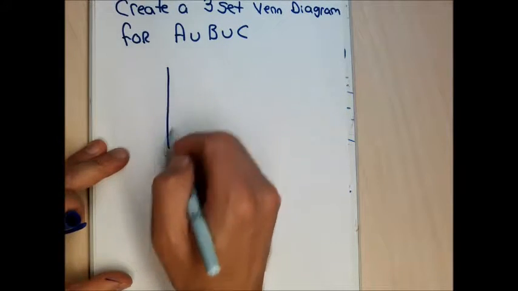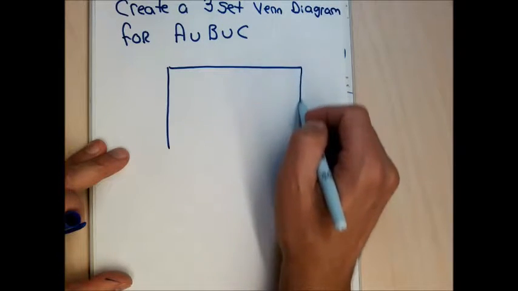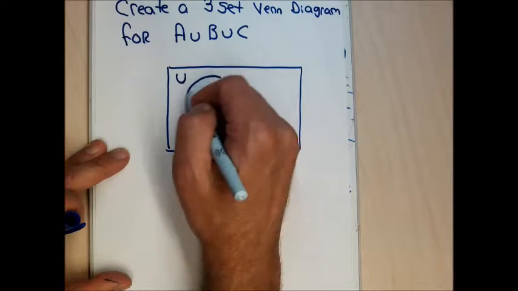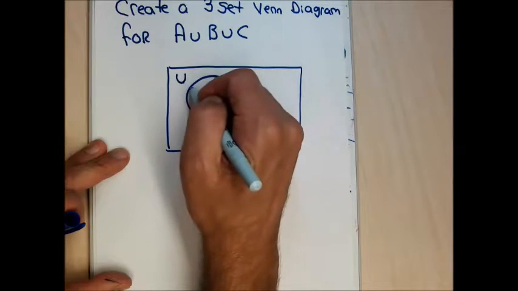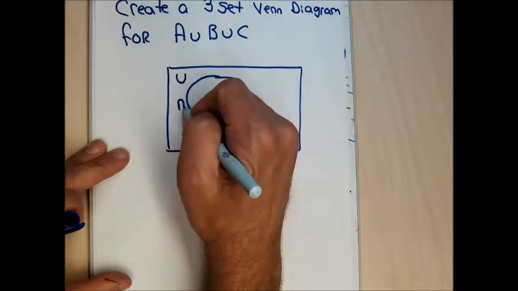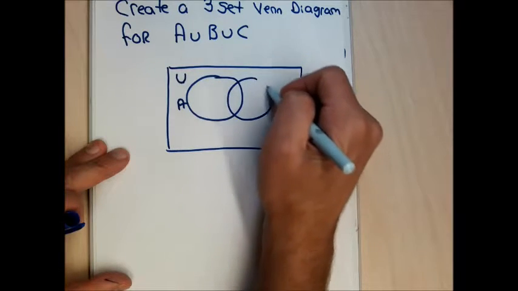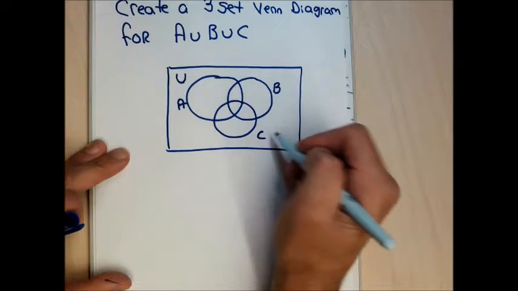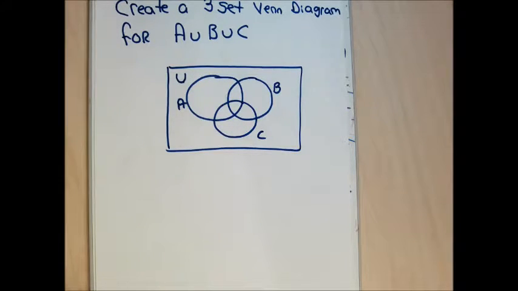So let me draw a 3-set Venn diagram for A union B union C. I draw my 3 circles, label one of them A, another one B, and another one C. And I'm very consistent. I always label them the same way.